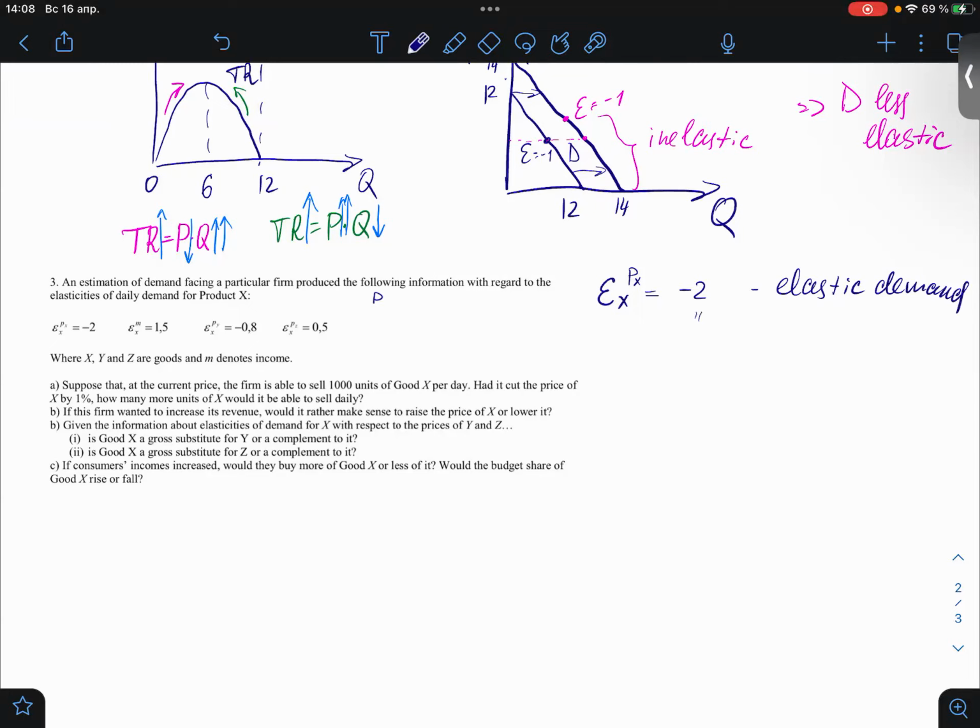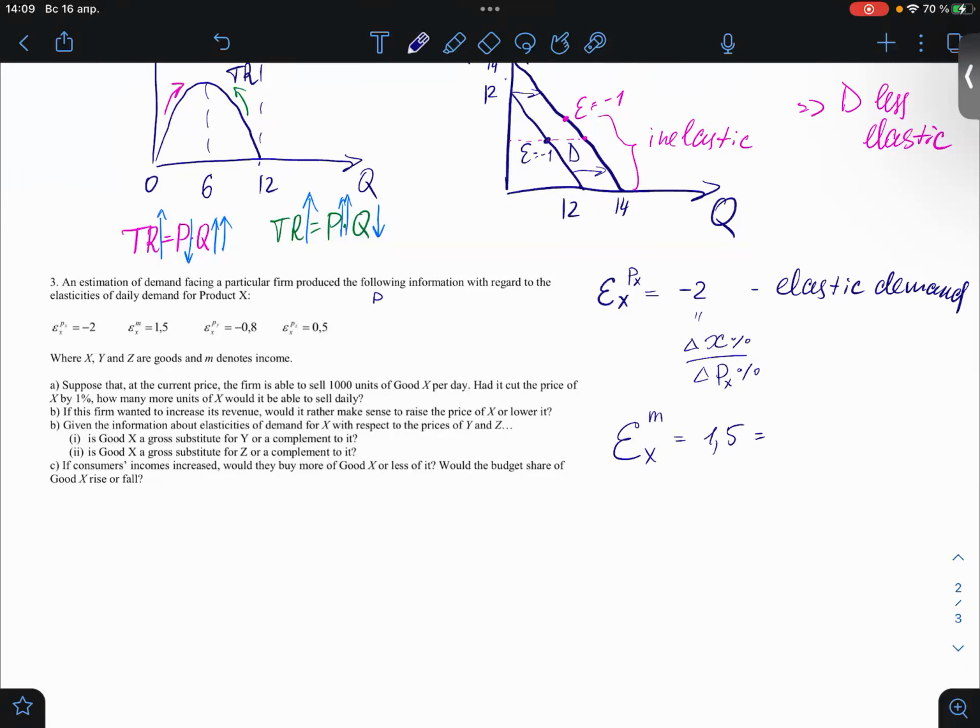And by definition, it is the change in quantity demanded in percents over the change in the price of good X in percents. Okay, next. Elasticity of demand of good X by the change in income of our consumers. It is equal to 1.5. What conclusions can we make?